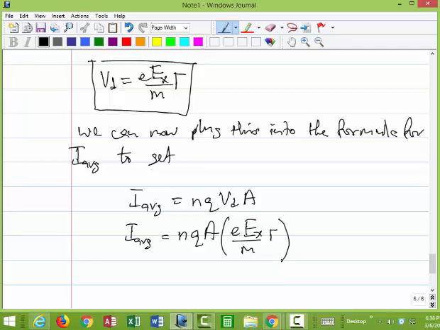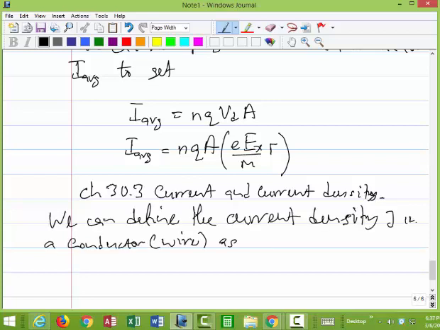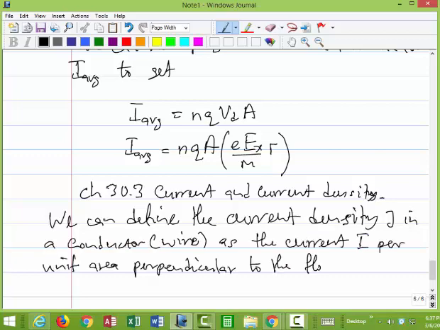Okay, let's continue. So we're going to look at current and current density next. So this is 30.3. We already looked at instantaneous current. We've already defined average current, and we said the current was a charge per unit time. So we can define current density, J, in a conductor or wire as current per unit area perpendicular to the flow of current.